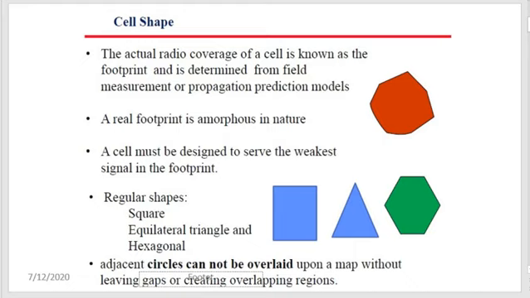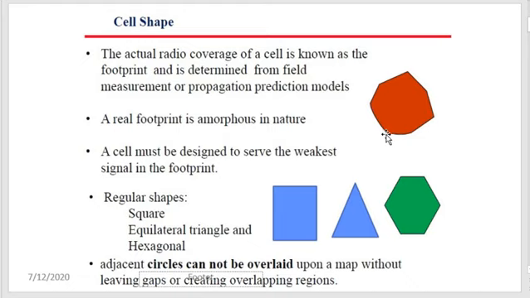Square shape also, if you notice, if you put an antenna in between, this will be the short path, this will be a long path. So again it will create confusion, but the hexagonal almost looks like a circle. It has a very close resemblance to the circle. The reality is a cell site may look like this: at one place there may be more signal, at another place there will not be any bulge.